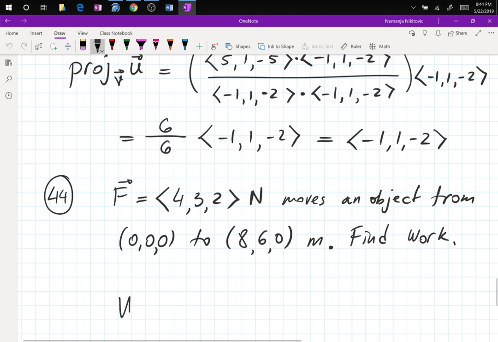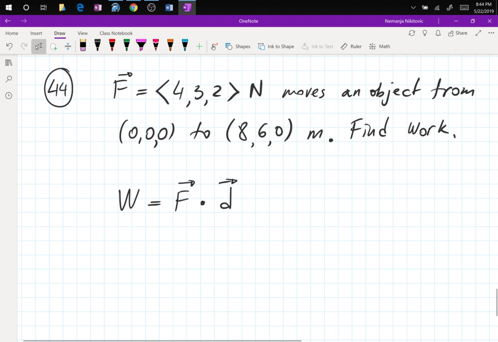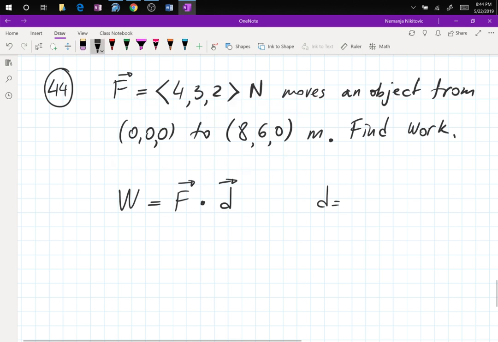So what's the formula for work? Force times distance. Do you have a distance vector? The distance vector has to be the end point minus the initial point. But the initial point is 0, 0, 0, so technically the distance vector is just 8, 6, 0, because that's a vector. This problem would be much more interesting if the initial point was not 0, 0, 0.